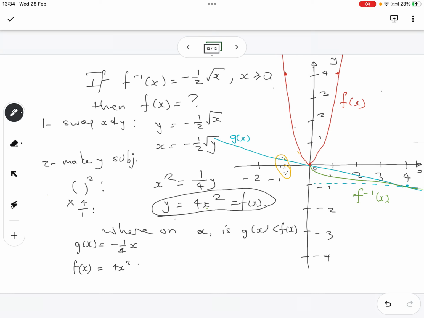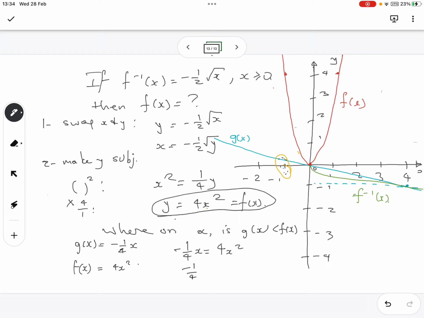Let's start first with where g of x equals f of x. So negative a quarter x equals 4x squared. That's where they intersect, right?